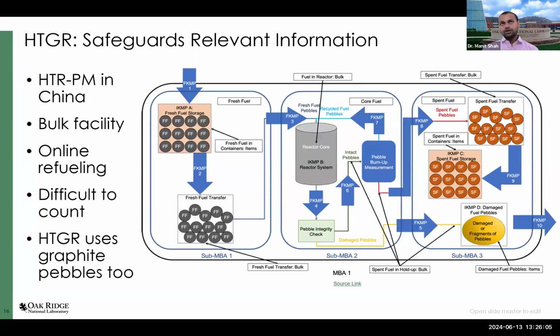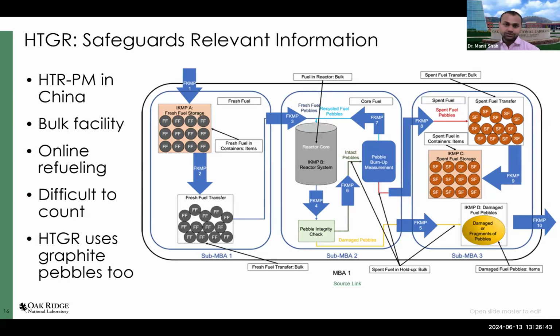At the time of reactor startup, they have graphite pebbles initially sitting in the core, and then comes the fuel pebbles, which then circulate until, in some sense, a steady state is achieved. After that, the graphite pebbles are slowly removed. So there is another aspect: how to distinguish between them and account for that. And here is a snapshot of potential safeguards that could be applied.